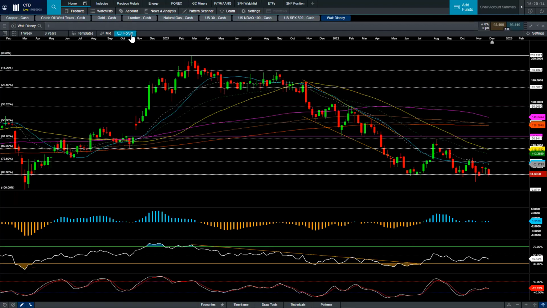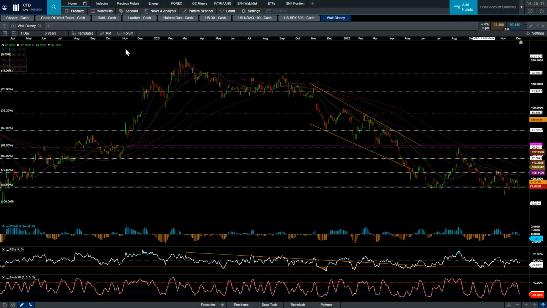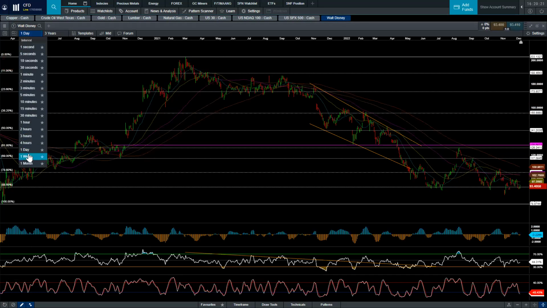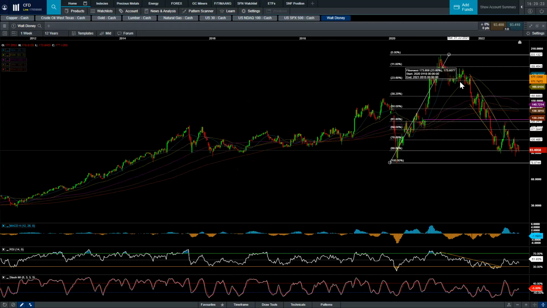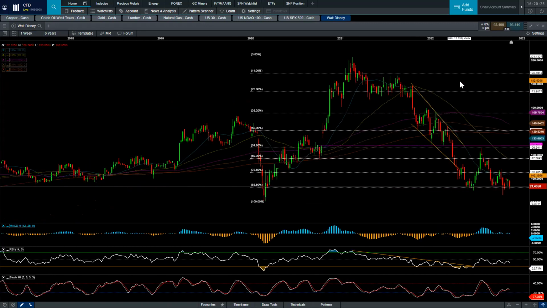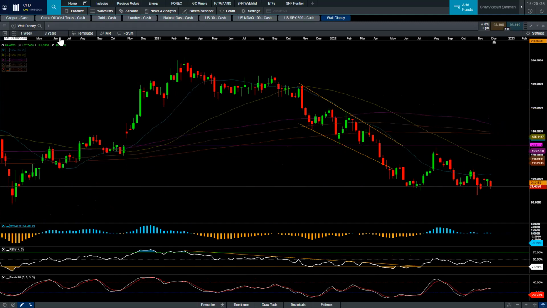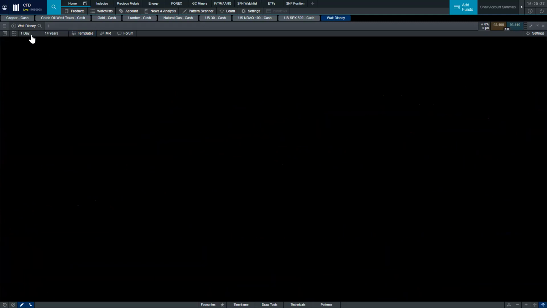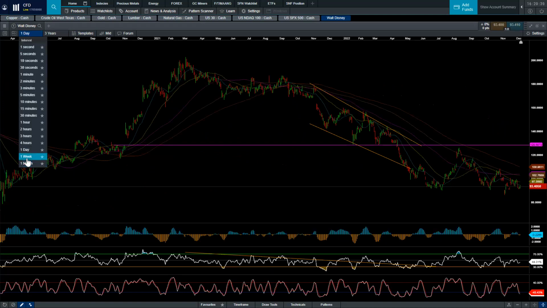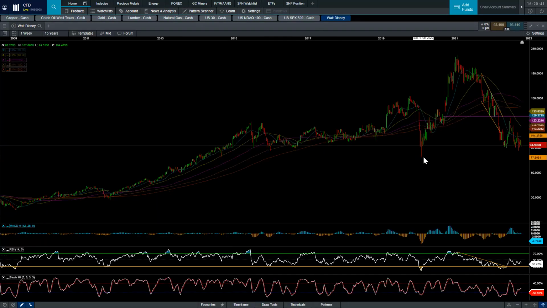So let's go to weekly, a bigger time frame, and see what the bigger time frame tells us. You see the 88% Fibonacci. Yeah, so a wide range bar, it's been tested 100 times. So again, if you want to trade it, be careful, because this is not fresh.